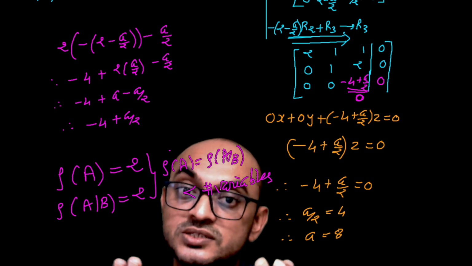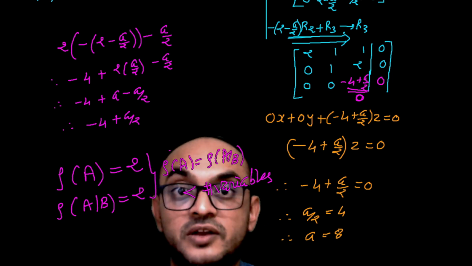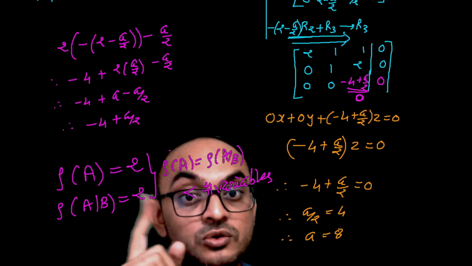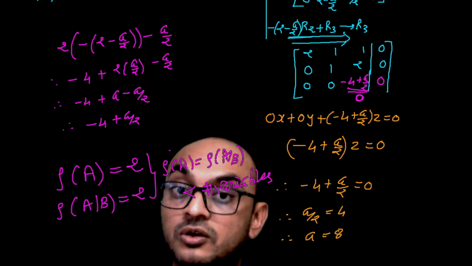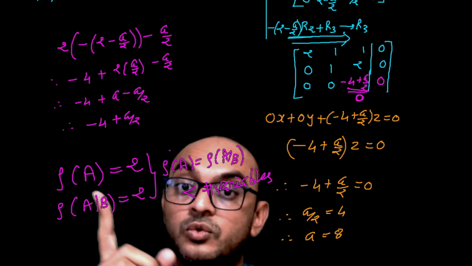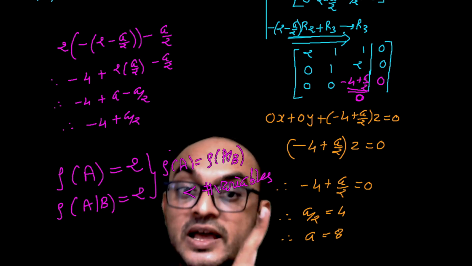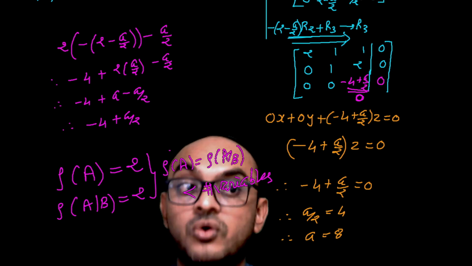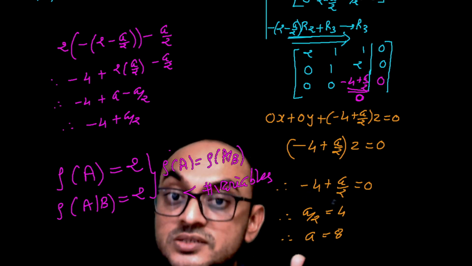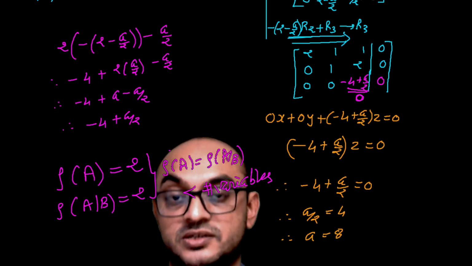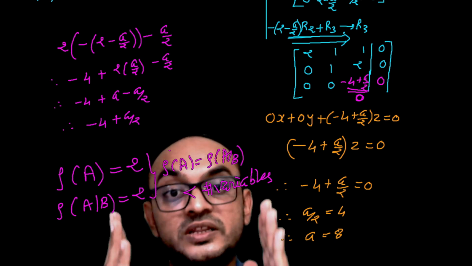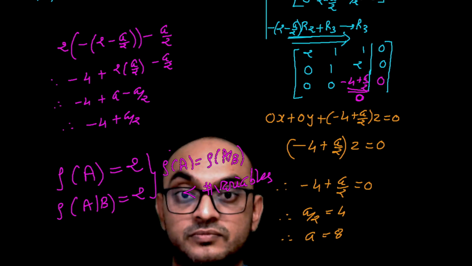The solutions are non-trivial, because the trivial solution is unique, 0, 0, 0. Infinitely many solutions, we have other solutions which are non-zero, right? So we will get rank less than the number of variables only if the quantity is 0, right? And therefore the value of a is 8. So this is how we will think on this question.